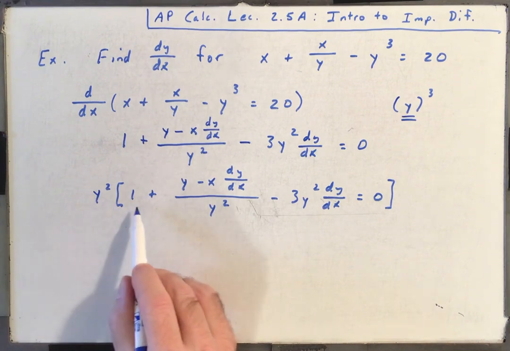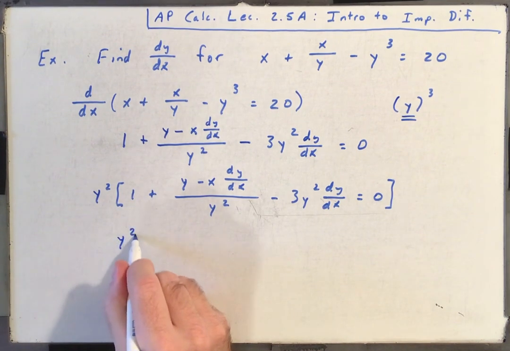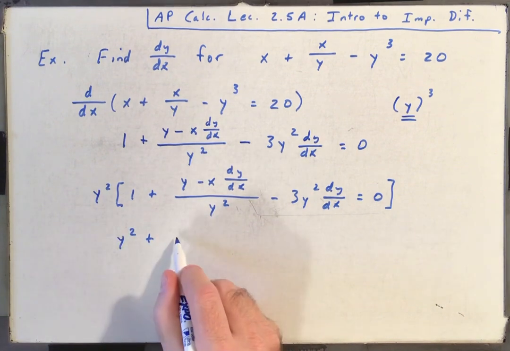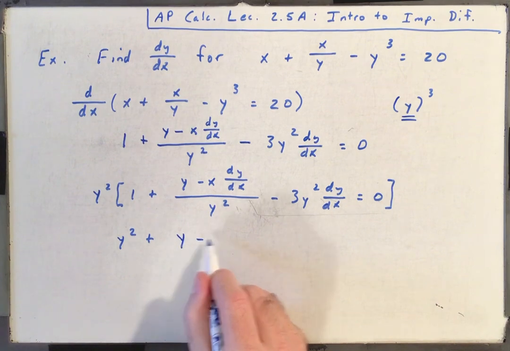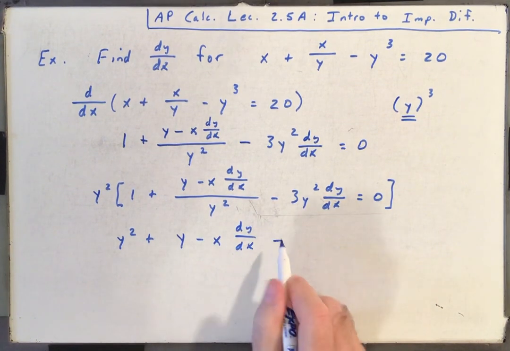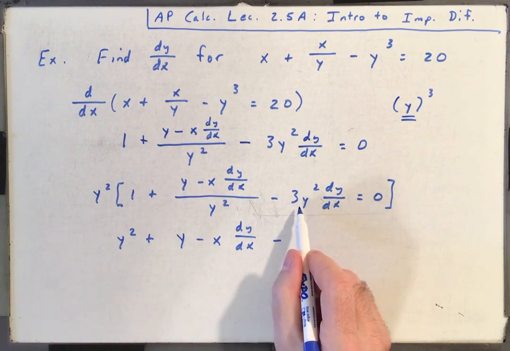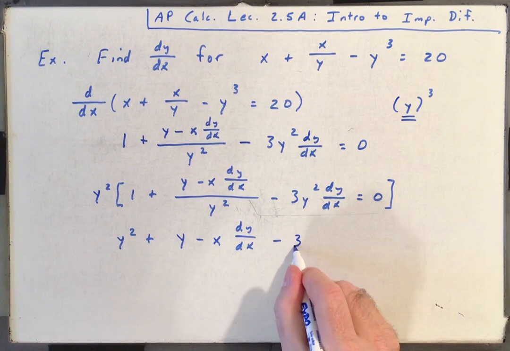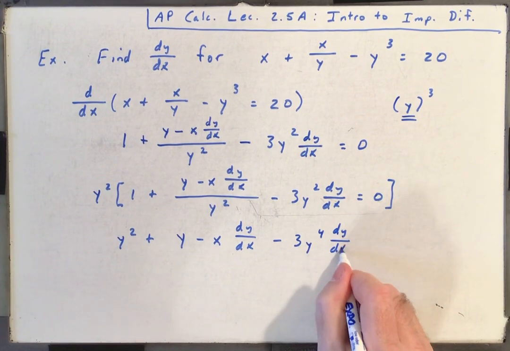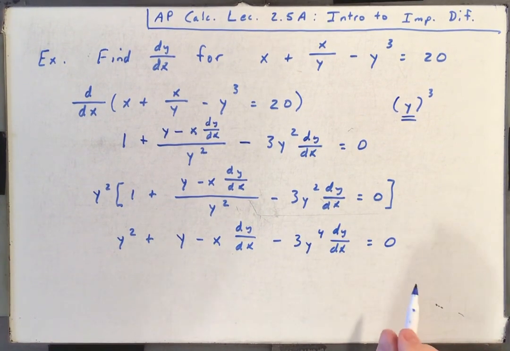So y squared times 1 is y squared, and then we have a y squared on the bottom. That eliminates the fraction. So we'd have plus y minus x dy/dx. Y squared times 3y squared would be 3y to the 4th dy/dx equals 0.